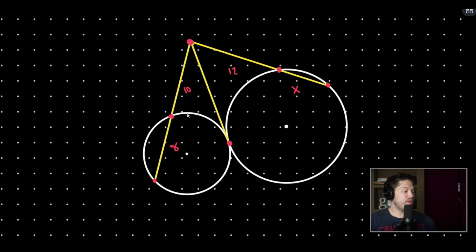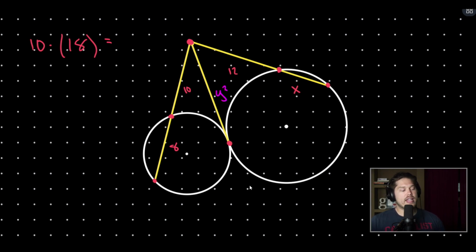Okay, so for this problem, we know that 10 times 10 plus 8 is 18, and this must equal this sum, y squared. This tangent line isn't marked, it's just some unknown thing, and it's y squared.